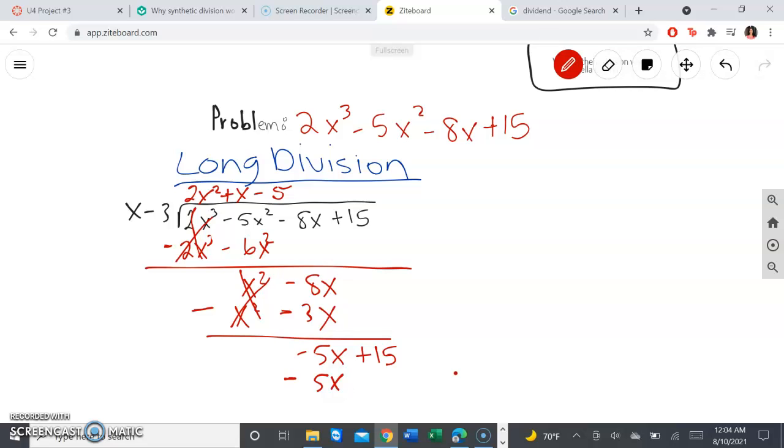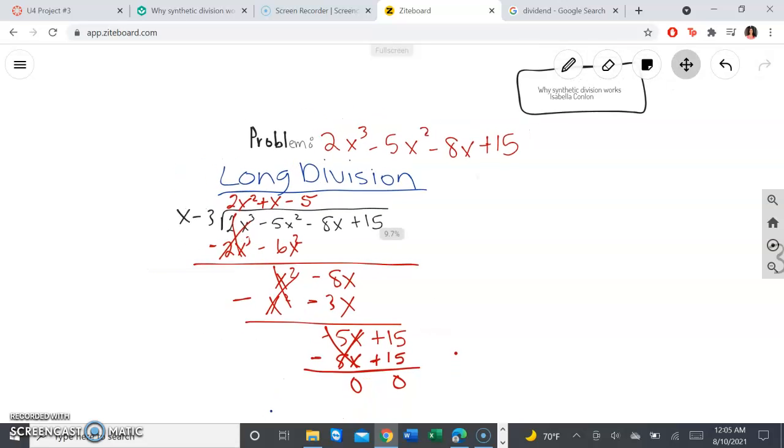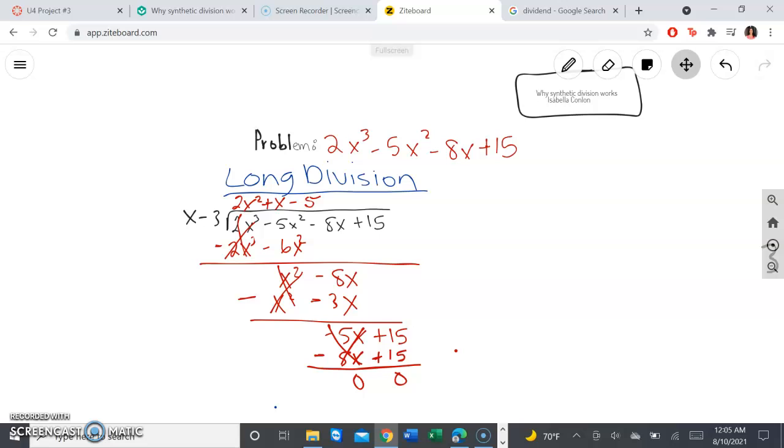And then negative 5 times negative 3 should give us positive 15, but again there is a negative sign, so it will be 15 minus 15, which should give us 0, as well as the first being 0 as well, so the remainder is 0. So the answer to this is 2x squared plus x minus 5 with a remainder of 0.